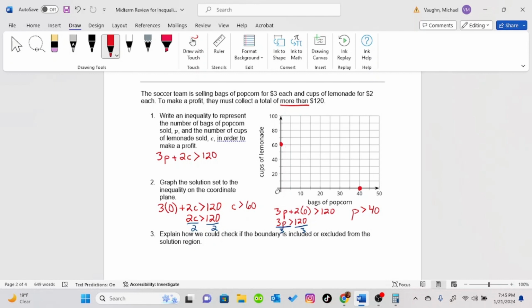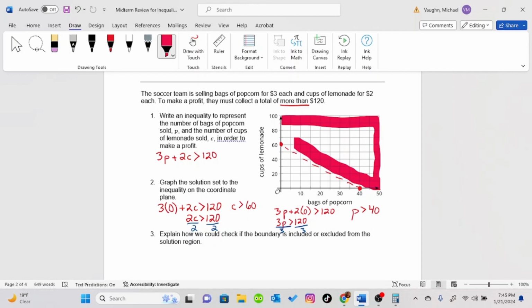So this is going to be a dashed line connecting them, and we only care about the combinations that are more than. So everything in the red shaded region gives us more than $120 profit.